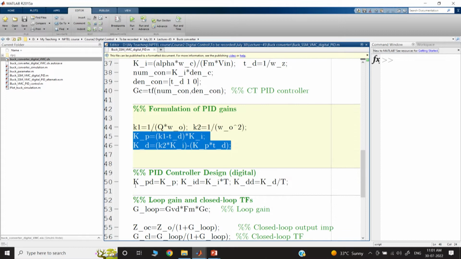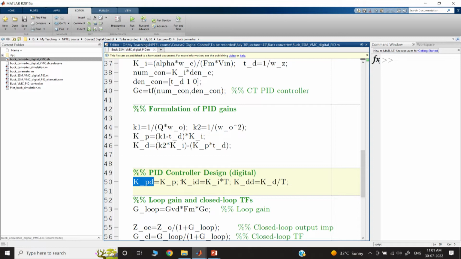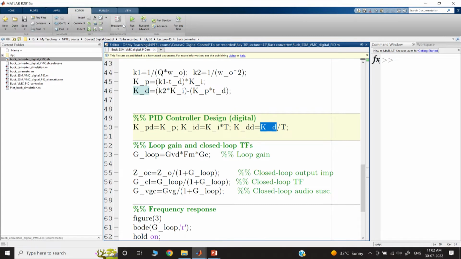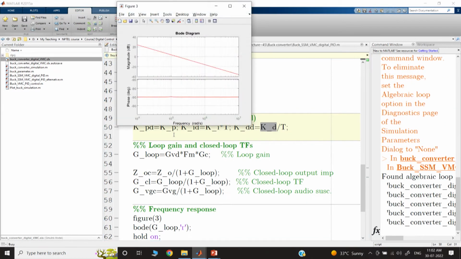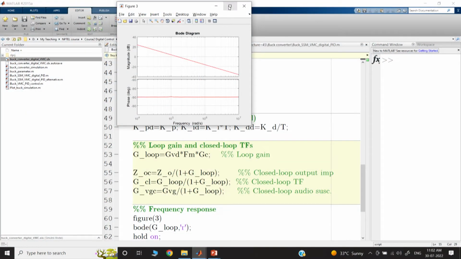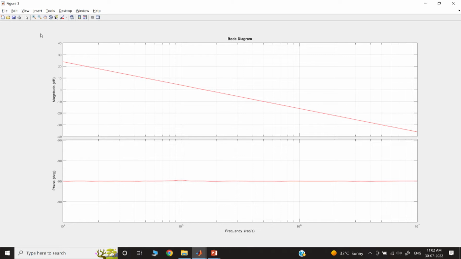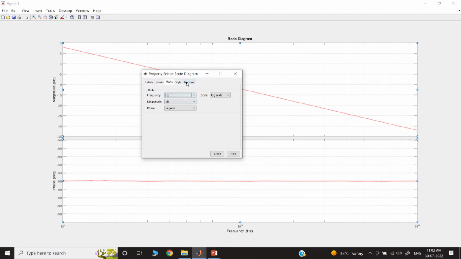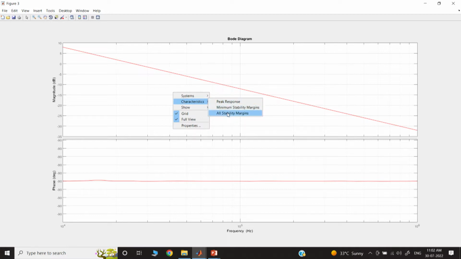Then we use the backward difference formula, so the proportional gain remains the same. The discrete time integral gain is the continuous time integral gain times T, and the discrete time derivative gain is the continuous time derivative gain divided by T. Now we first run this simulation. If we go to the Bode plot of the continuous time transfer function, we can check the stability margins.